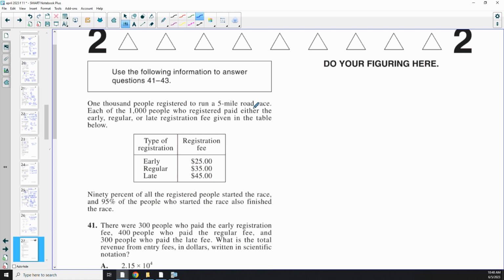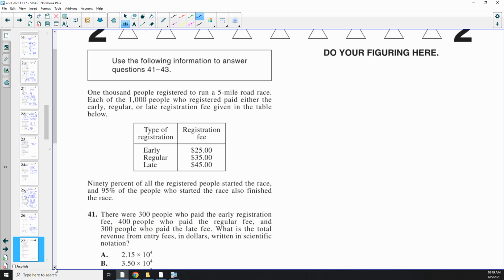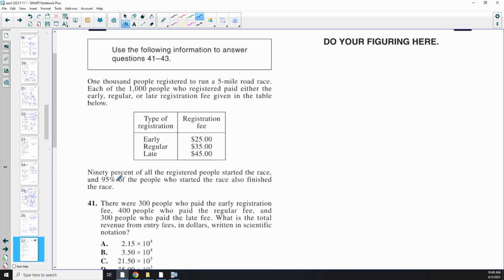1,000 people ran the 5-mile race. So let's see what happens. 95% of those registered started. 90% of those registered started the race, and 95% finished the race.